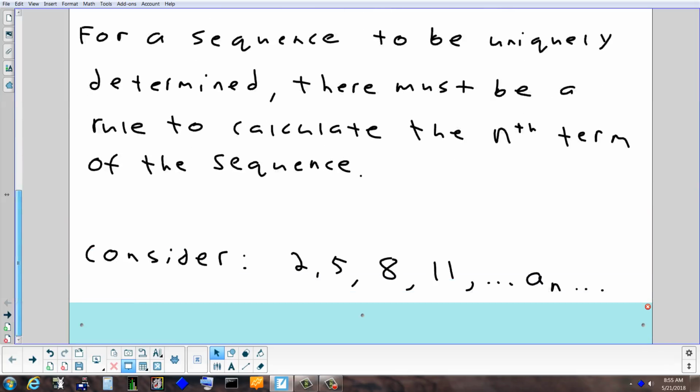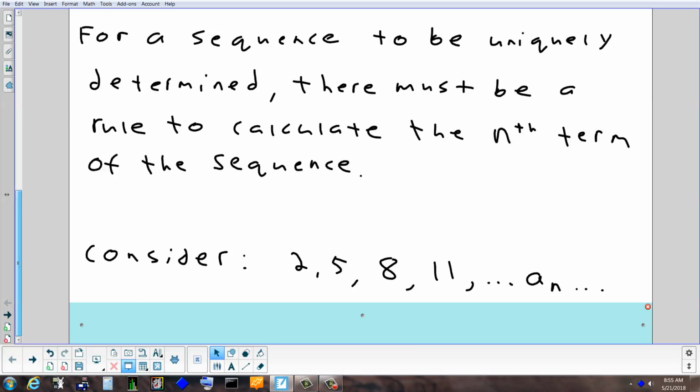All right, so let's look at this one and just see if we can figure out a pattern. It's 2, 5, 8, 11. And this one happens to be an infinite sequence, because of the ... at the end. That doesn't really matter. But the point is, I just want to see if we can find a pattern. Generally, to find a pattern, you've got to know the first 3 or 4 terms.